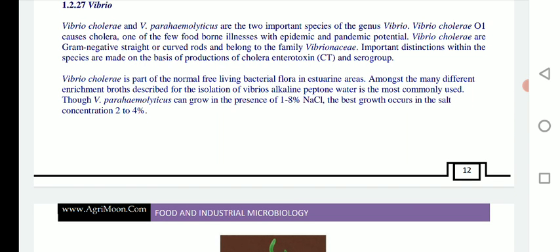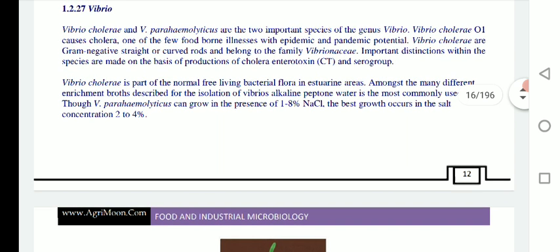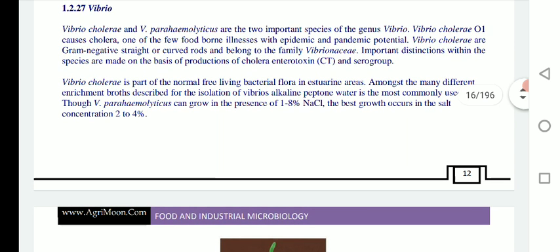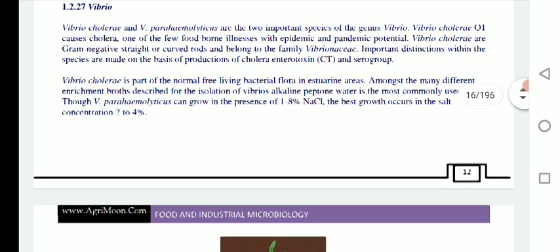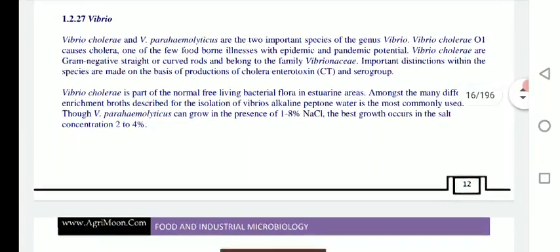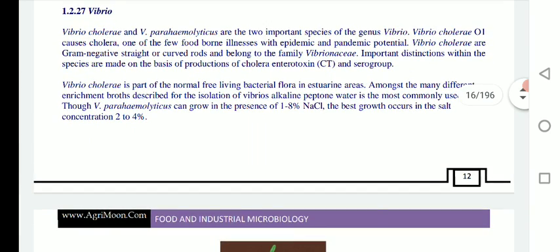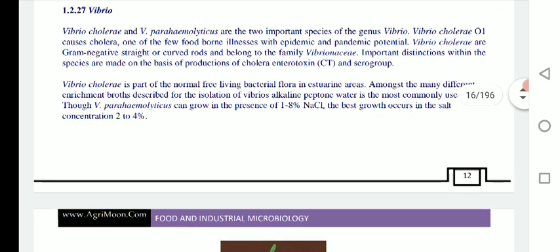So it is again an important disease that is caused by ingestion of contaminated food, and we all know that cholera is a disease caused by Vibrio cholerae, due to an enterotoxin, that is CT, produced by this Vibrio group of bacteria.